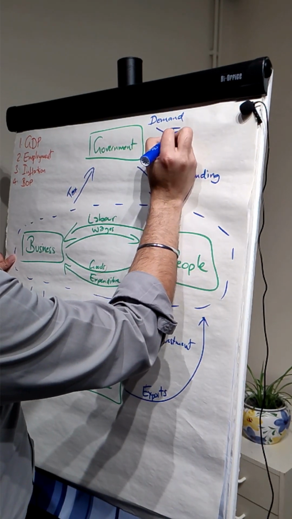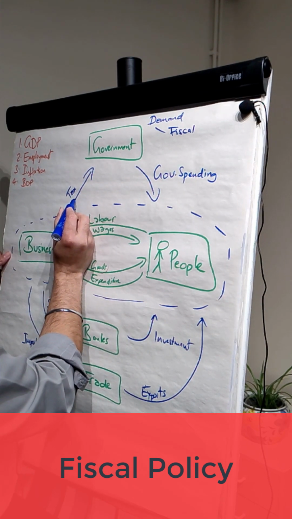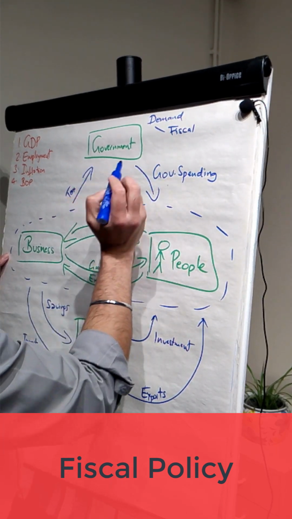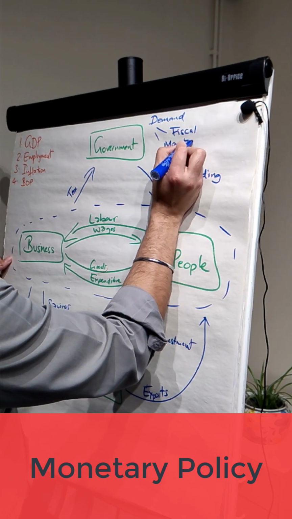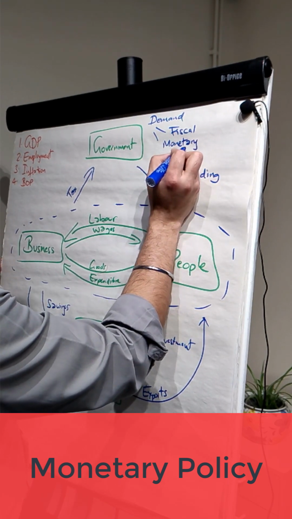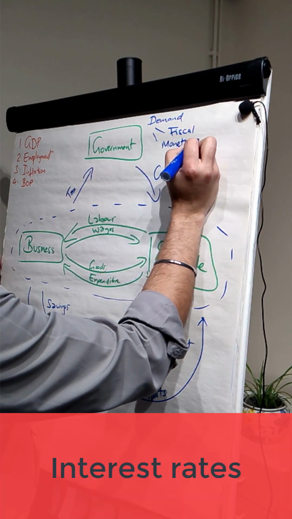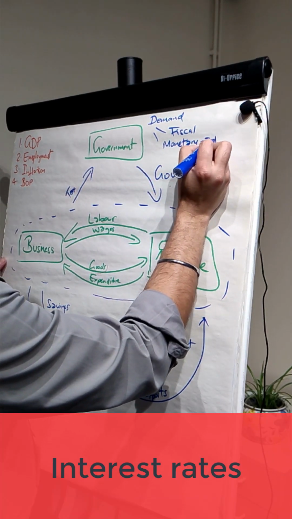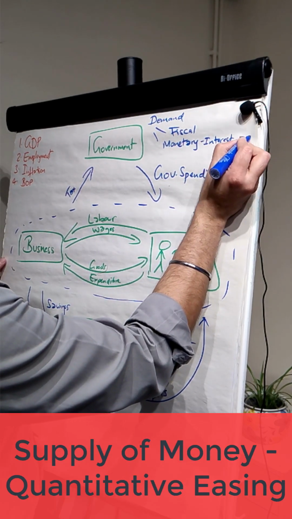The first one is your fiscal policy. What's fiscal policy? That's relevant here. Taxes and government spending. The next policy is called monetary policy. In the UK, our monetary policy is controlled by Bank of England. Monetary policy is your interest rates, as well as supply of money, which is quantitative easing.